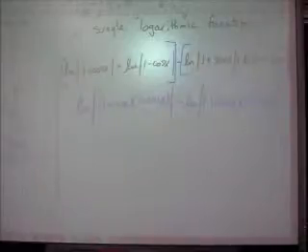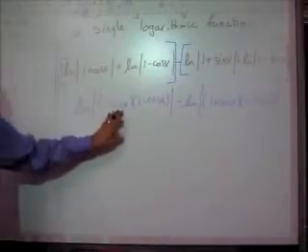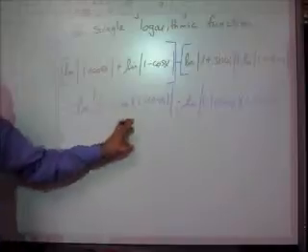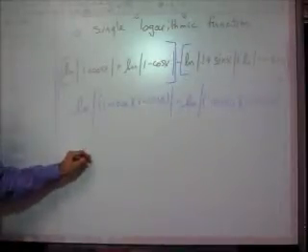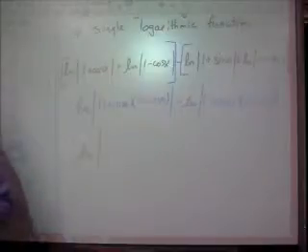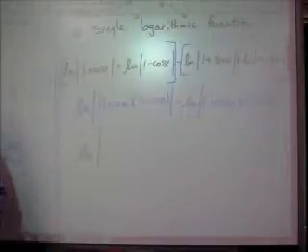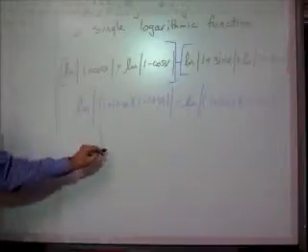So as you're multiplying out 1 plus cosine of x times 1 minus cosine of x, what are you noticing that happens right here? You get ln of 1 minus cosine squared x.